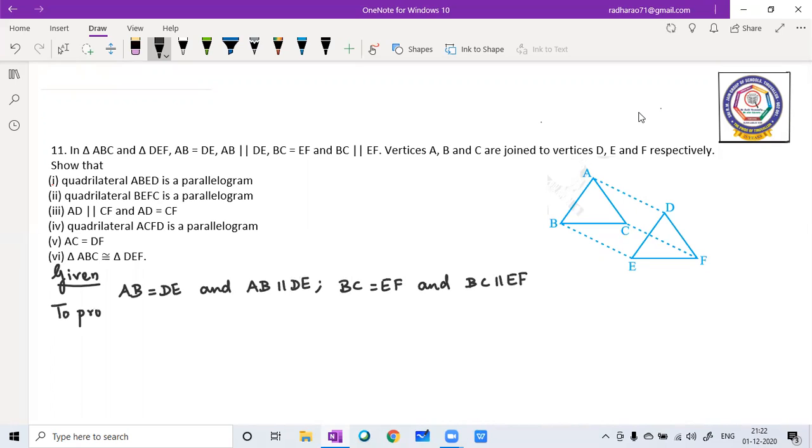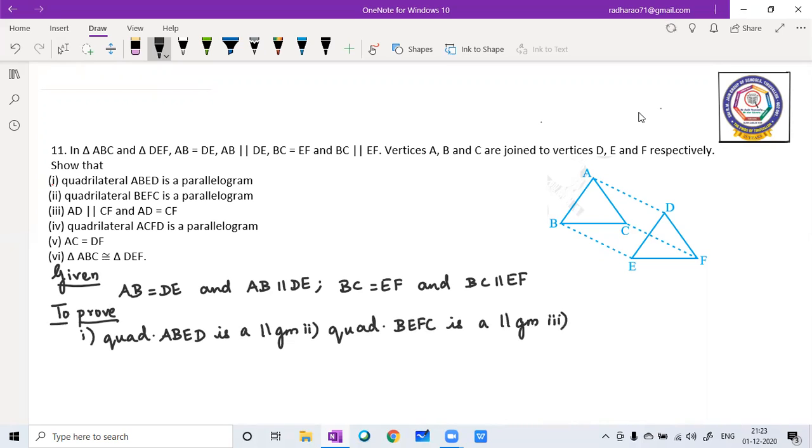What are all to be proved? The first one, quadrilateral ABED is a parallelogram. The second one, quadrilateral BEFC is a parallelogram.